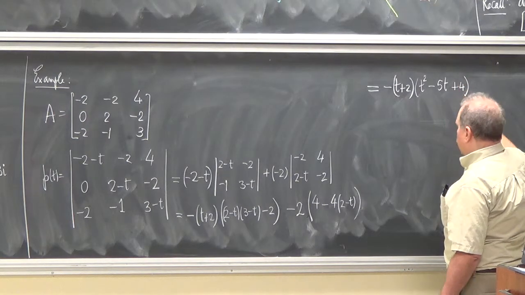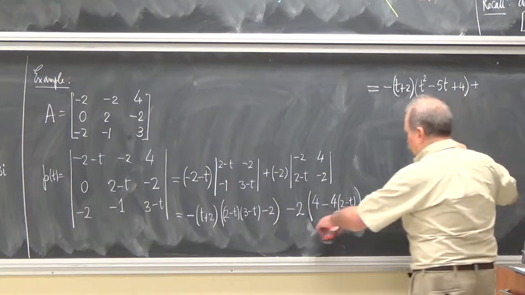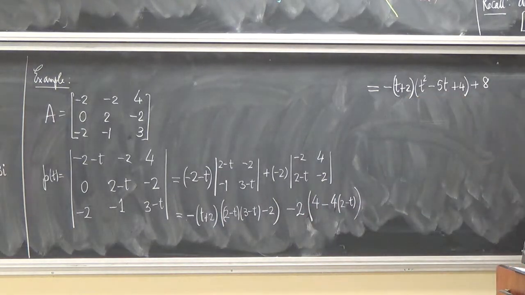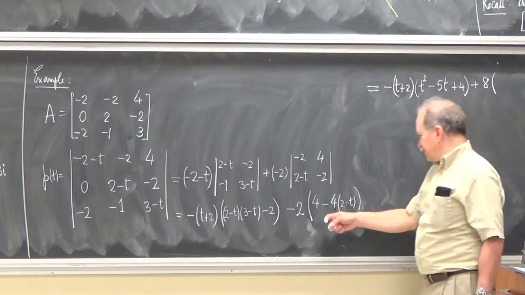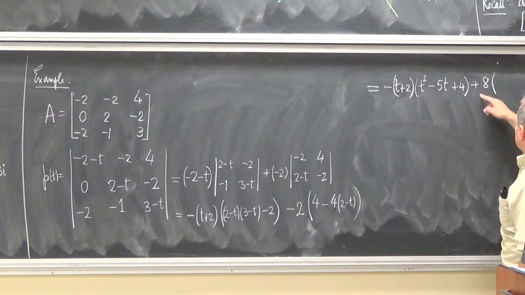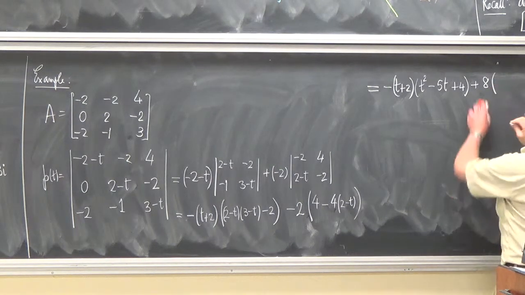And then I get plus, I'm going to factor out a 4, I guess. So I'll have 8. The 8 will cancel. How many negatives have I got here? Negative 1 minus t. Yeah, maybe I shouldn't have factored that. Plus negative 1 minus t, so I shouldn't have factored that.